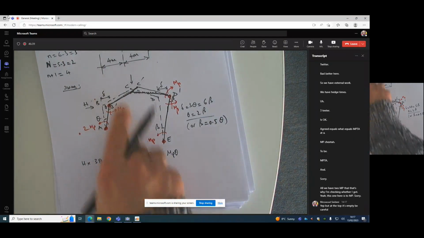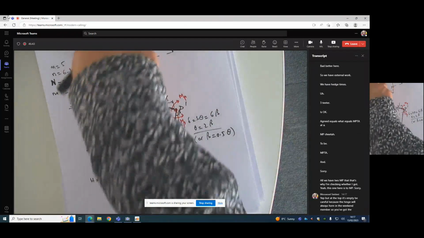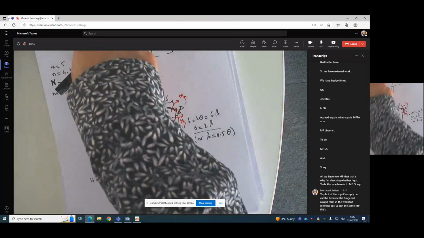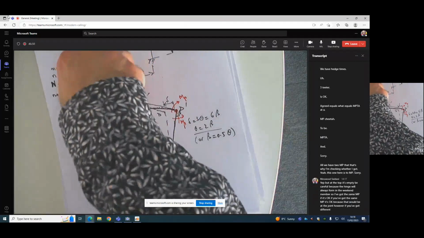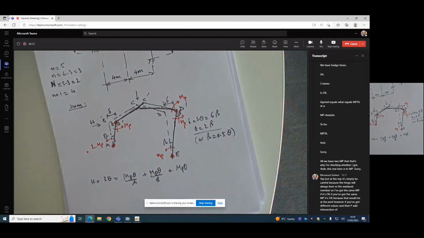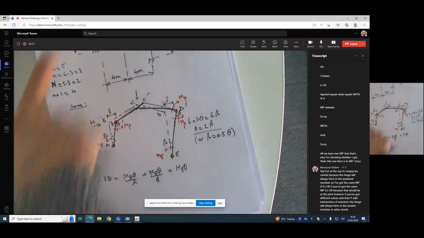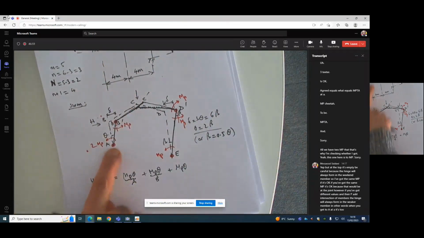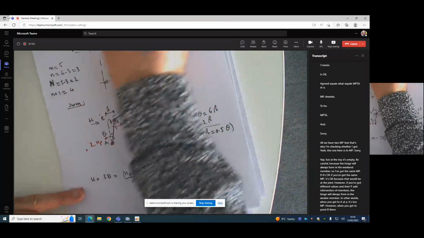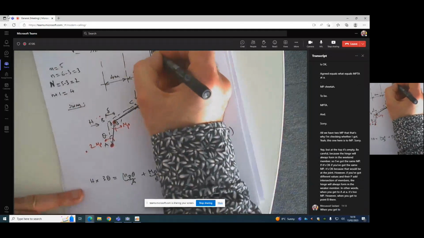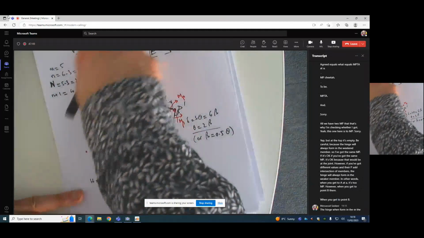Be careful, because the hinge will always form in the weaker member. If you've got the same MP, it's okay, because that will be at the joint. However, if you've got different values of MP at the intersection of members, the hinge will always form in the weaker member. In other words, at A, it's 2 MP. However, when you get to point B, the hinge will form in the beam, in this member here.